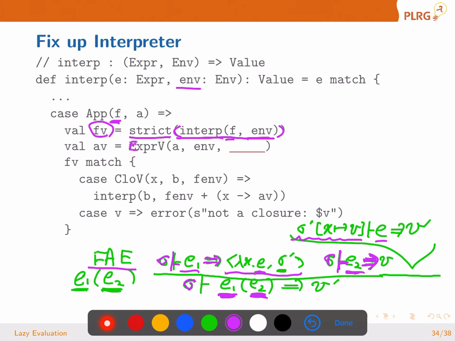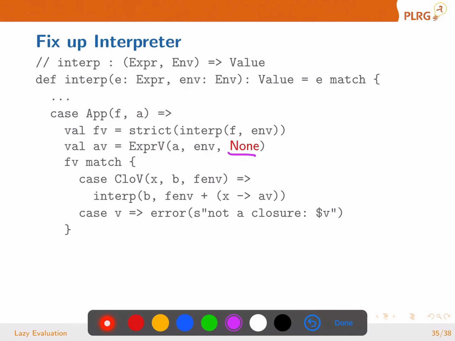Instead, we construct an exprV. We construct a value with the argument expression E2 and environment sigma. And the cached result is going to be nothing. The type of the third field of exprV was option of value, remember? So it's going to be none. And then do the evaluation.